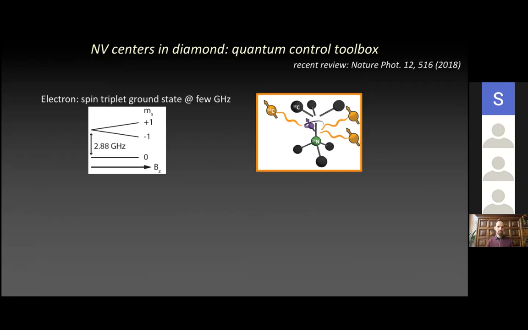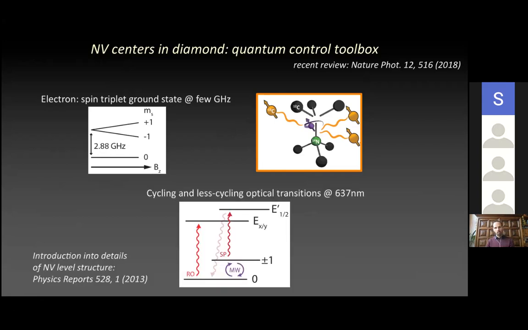In the orbital ground state, these 2 electrons form a spin triplet state. There is a zero field splitting of close to 3 gigahertz between the 0 and the ±1 sublevels. When we apply a magnetic field, we can also split these upper 2 levels. So then we have 3 levels that are individually addressable, and the energy splittings are typically around a few gigahertz.